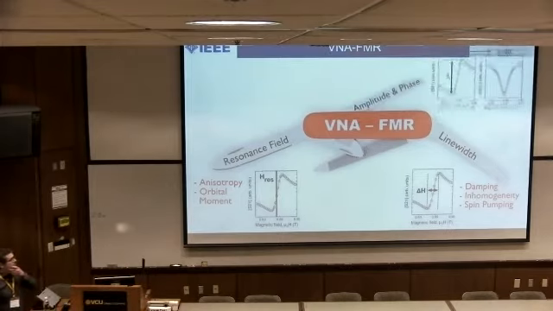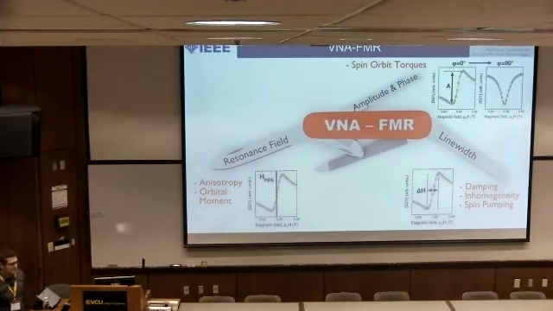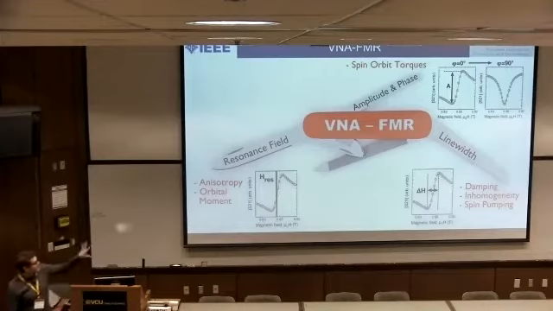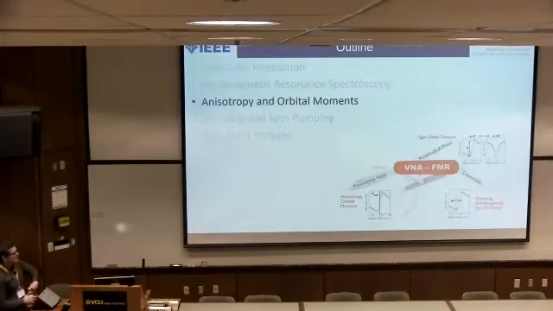And then finally, from the amplitude and phase information, this is where we can now quantify spin orbit torques in our system. So spin Hall effect, Rashba-Edelstein type effects. And so this slide becomes the new outline for the rest of my talk. So let's step through each one of these individually.